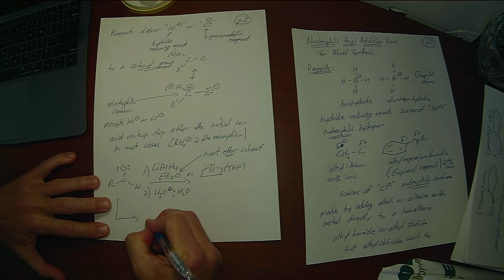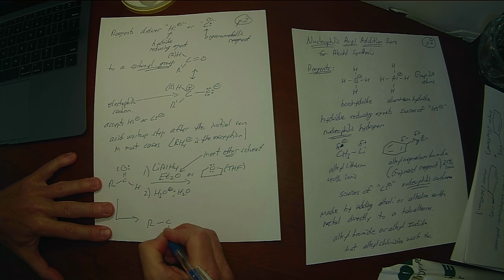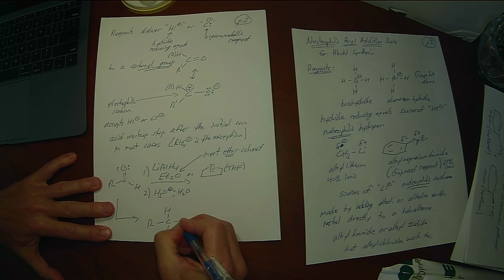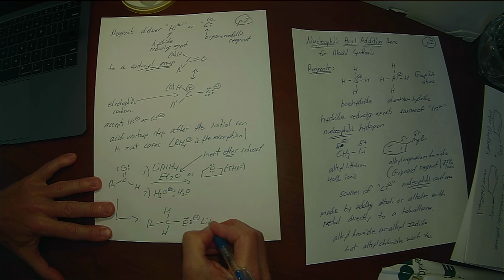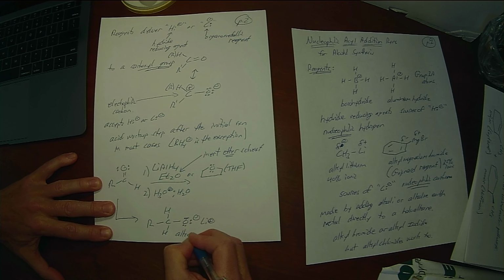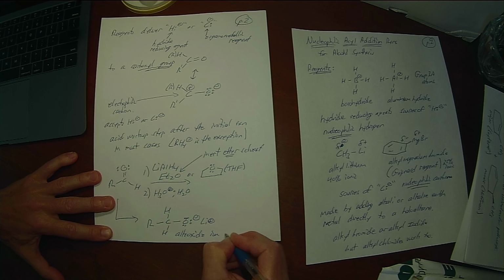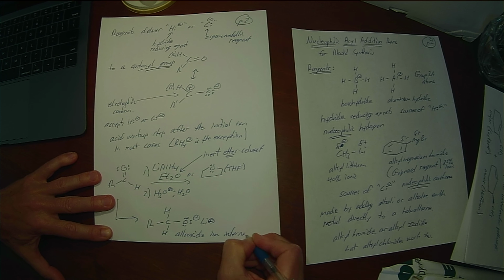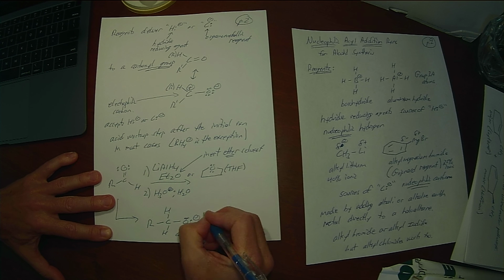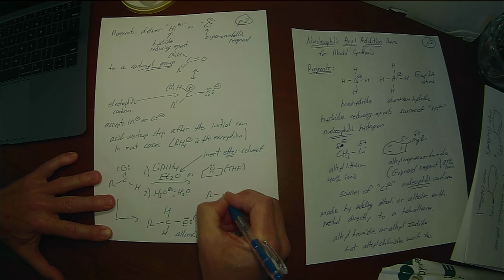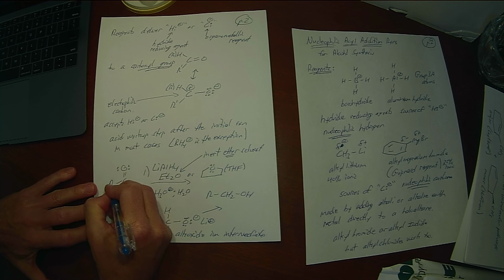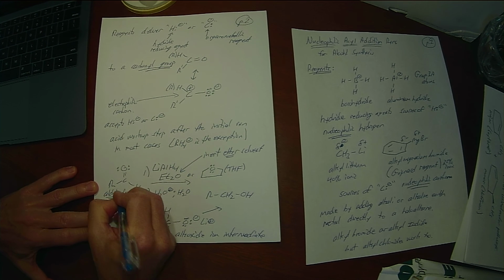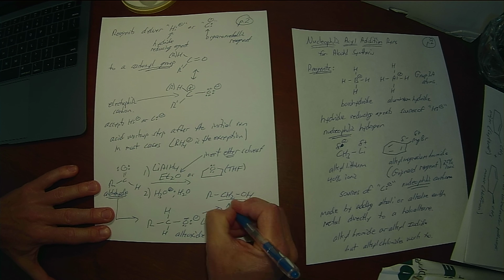The intermediate is an alkoxide ion, with the lithium salt there. And then the acid protonates that to generate the final product, which in this case, because I started with an aldehyde and with a hydride reducing agent, I get a primary alcohol.